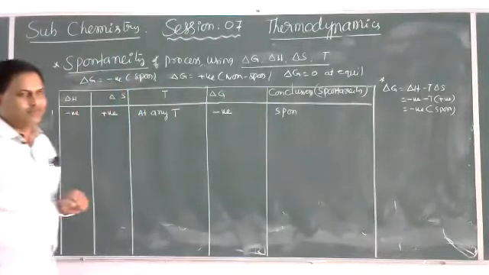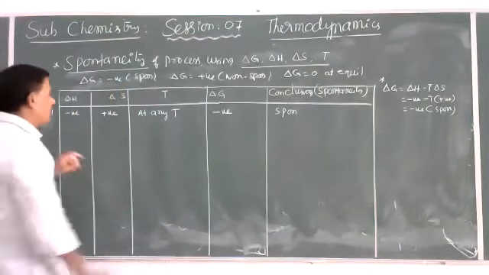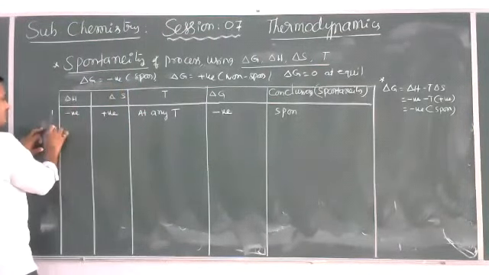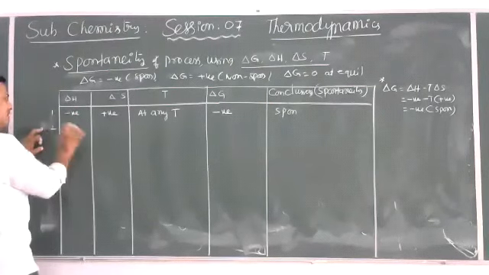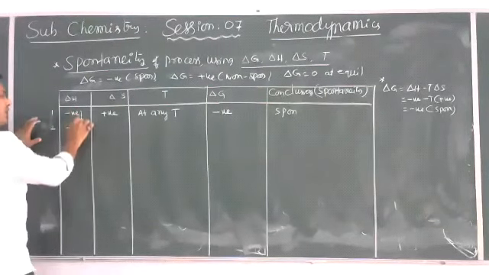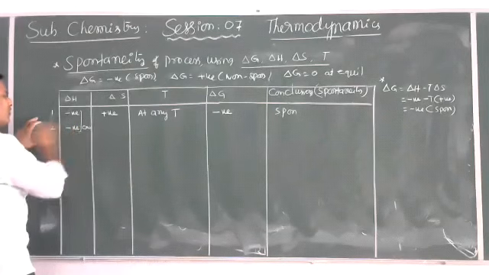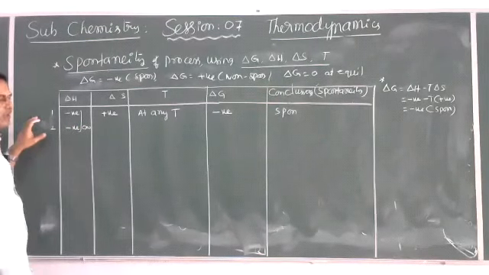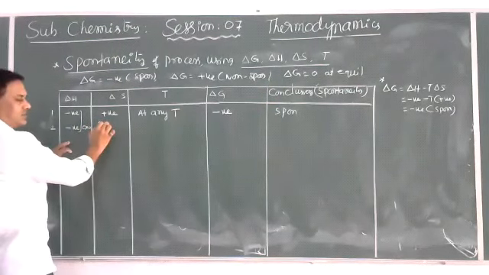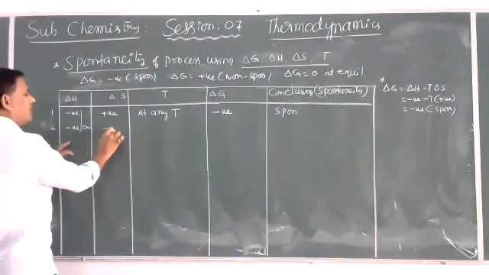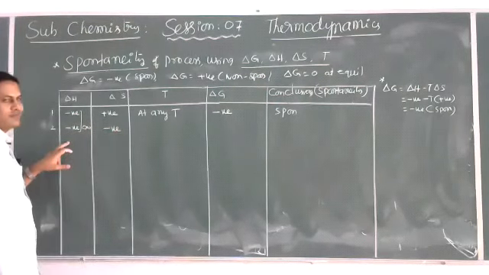Clear? Okay. Now I'll take delta H also negative. This negative means an exothermic process. Now I'll change delta S and take a negative value.